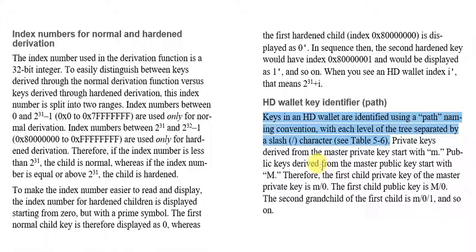Public keys derived from the master public key start with M. Therefore, the first child private key of the master private key is m/0. The first child public key is M/0. The second grandchild of the first child is m/0/1, and so on.